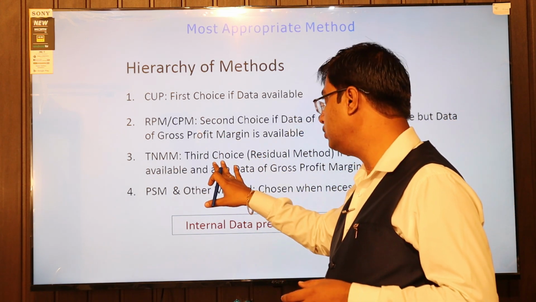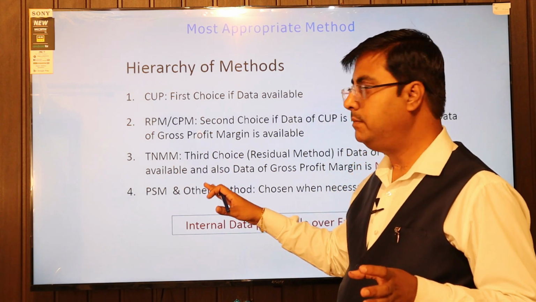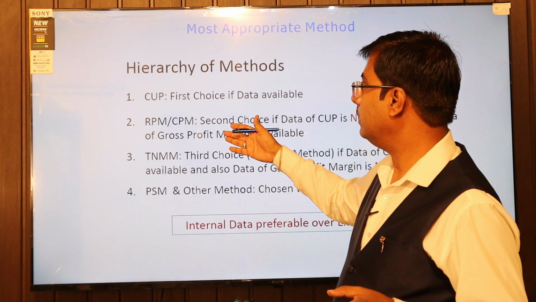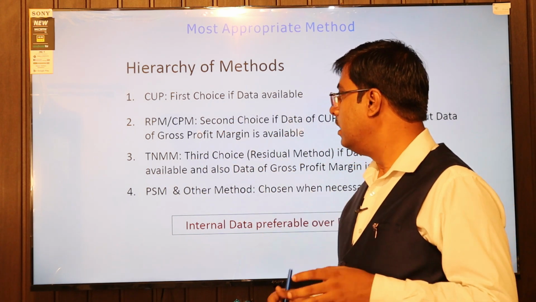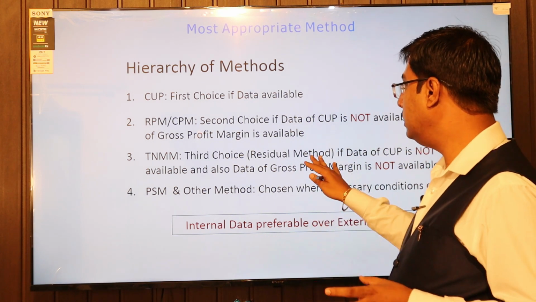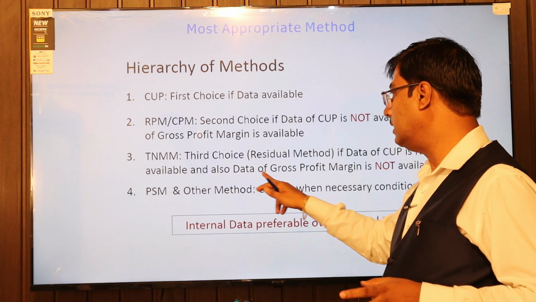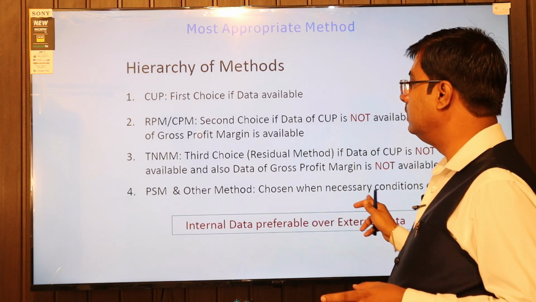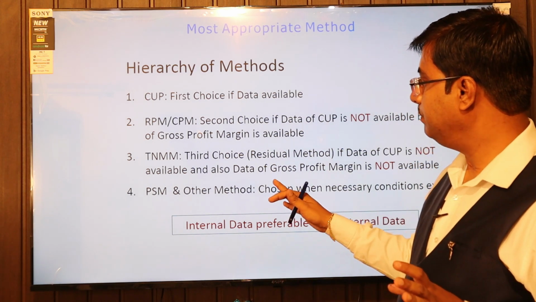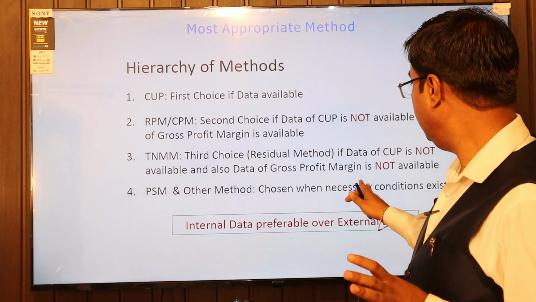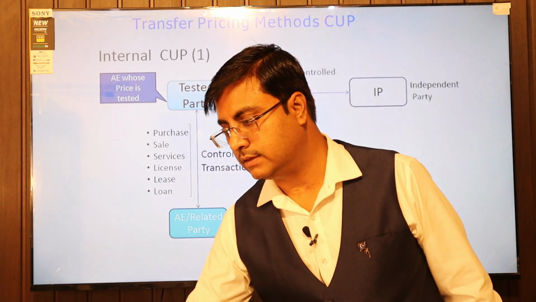TNM is basically the third choice. This is actually what is used in the market, because if GP margin is not available and CUP is not available, then ultimately we have to go to TNM. This is basically a residual method. Profit split method is another method, chosen when the necessary conditions exist. So this is the hierarchy of methods.